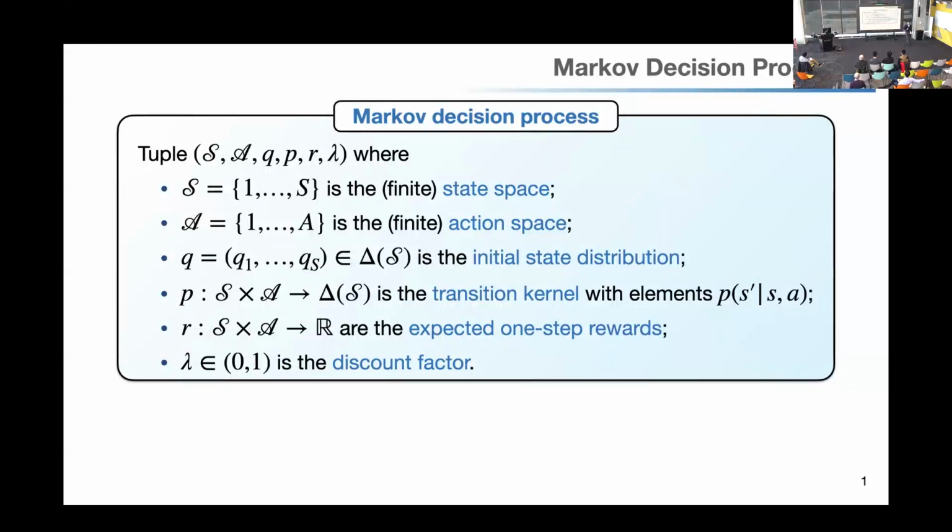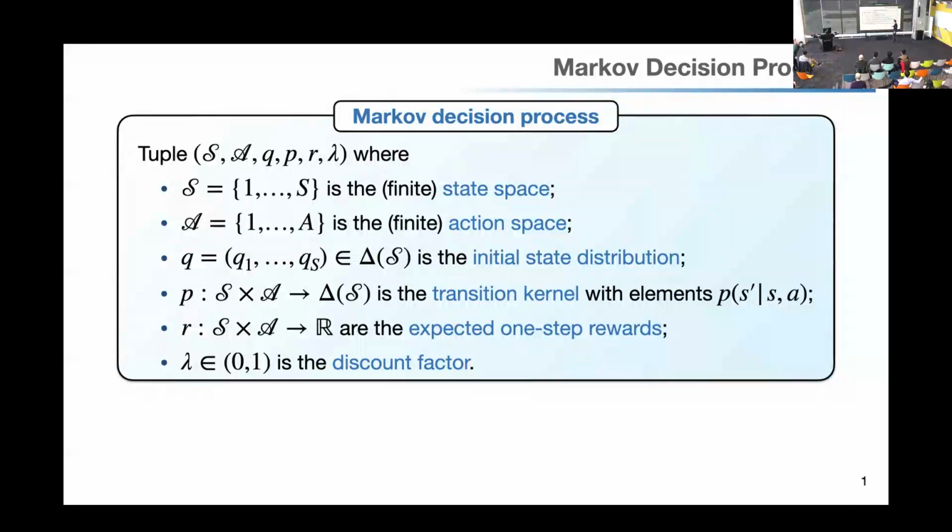In my talk, I'll make a strong assumption here. I'll assume that we can finitely enumerate all the possible states that we might find ourselves in, and that we have finitely many decisions that we can choose from. I will assume that all the actions are applicable in any of the states, but that comes without any loss of generality. That's just to simplify the exposition.